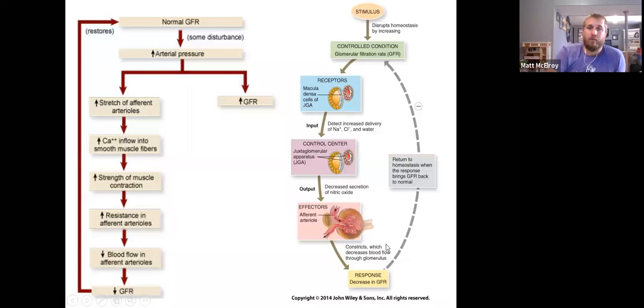Looking at this figure, on the right side of the page is an illustration of that feedback loop for tubuloglomerular feedback, showing you what happens when GFR goes up.